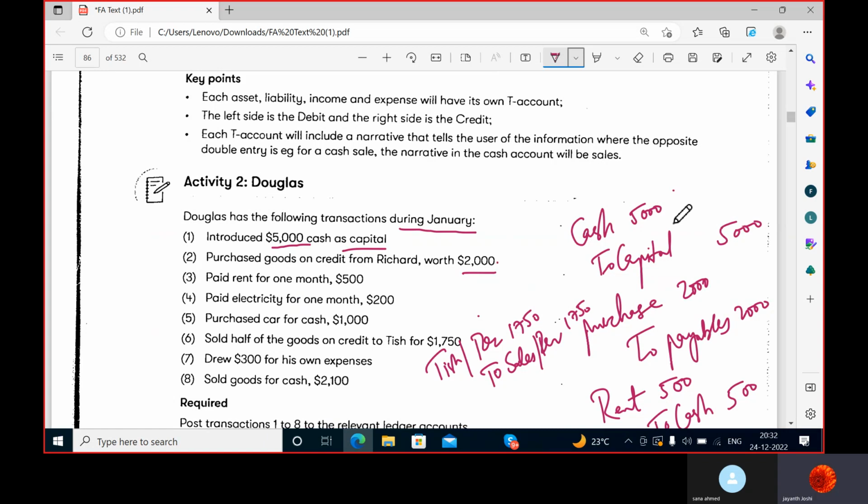Whenever I have cash in debit, my cash has increased. So increase in asset comes in debit. But I will not write cash in its own account. I will write the other thing, because of which the cash has increased.